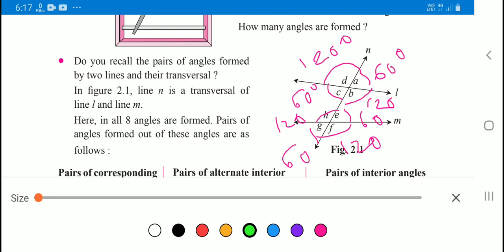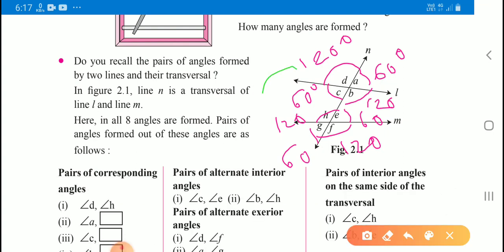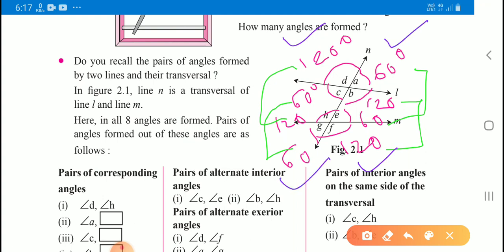Again you can see here corresponding angles are of equal measures, as well as you can see here alternate angles, meaning D and F, as well as A and G. These are exterior alternate angles.